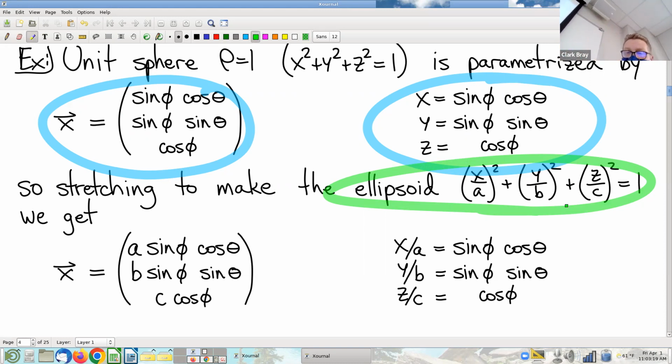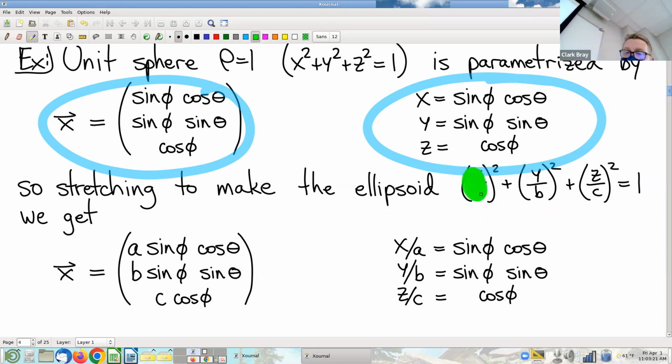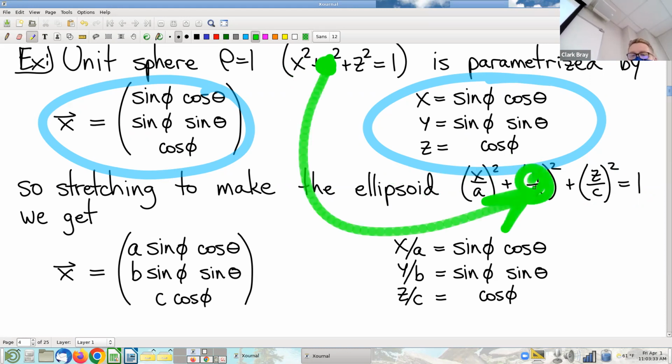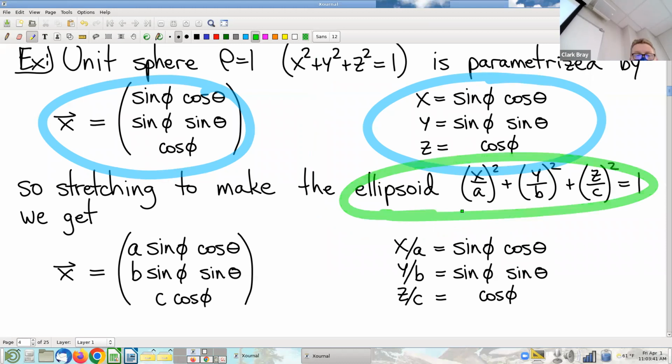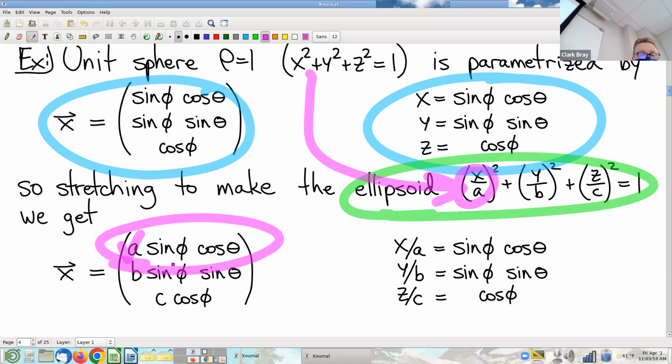And we know that what's happened here is X has been stretched out by a factor of A. And likewise, Y has been stretched out by a factor of B, etc. So one way to parameterize our ellipsoid is to say X got stretched out by a factor of A. My X coordinate here is literally A times as big as it was up there.